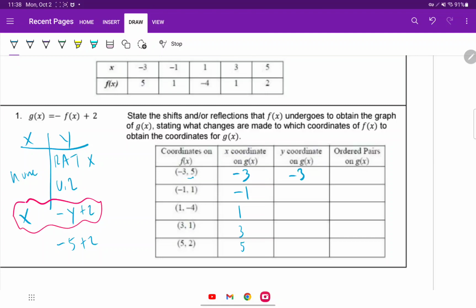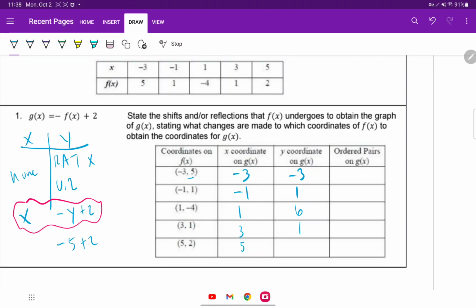Then we have 1, which is 1. Then we have negative 4, and negative times negative 4 is 4; 4 plus 2 is 6. Then we have the 1 here: negative 1 plus 2 is 1.